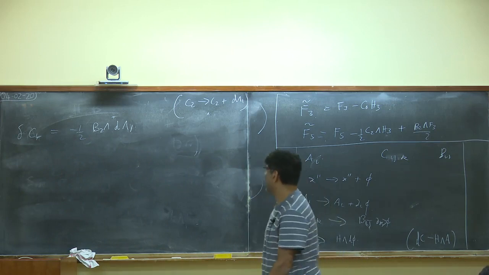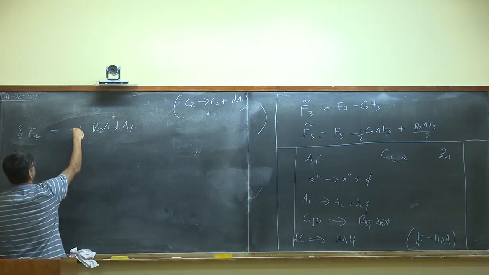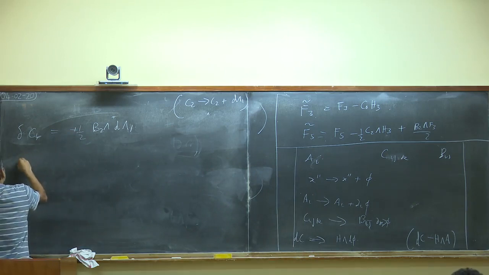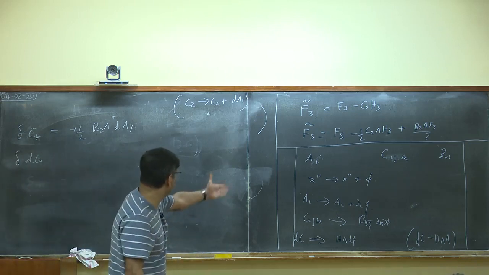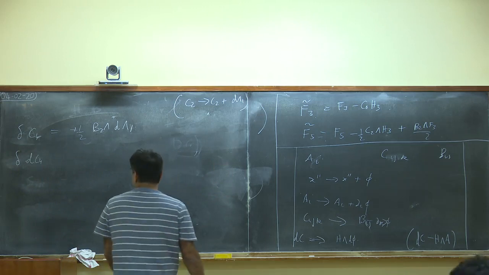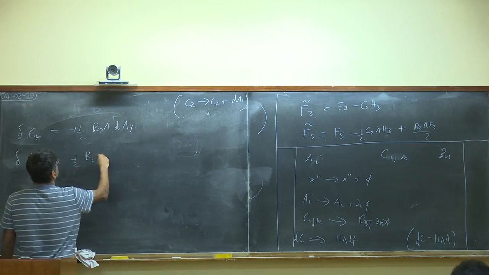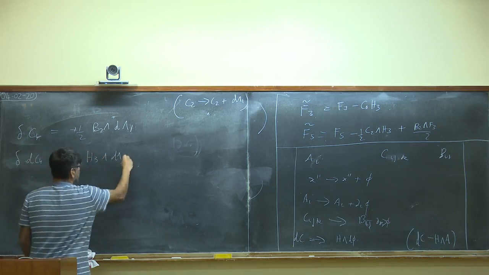Now it's clear that if this is the case, up to some sign, I'll just put some random sign, then delta of dC4, which is delta of F5 as we called it, is equal to half B2, H3 wedge d lambda 1.